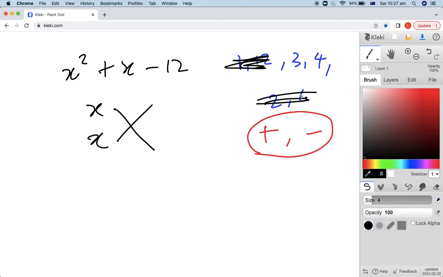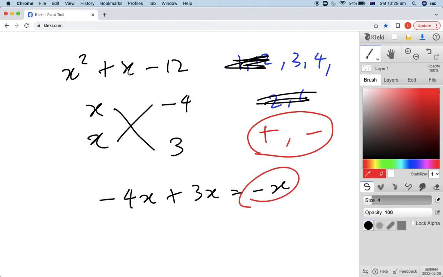So in that case, we know it's going to center around 3 and 4. So let's say we tested minus 4 and 3 to begin with. If we do minus 4 times x, we get minus 4x, plus 3 times x, which is 3x. We can see that we get minus x, which is opposite in sign of what we're looking for.